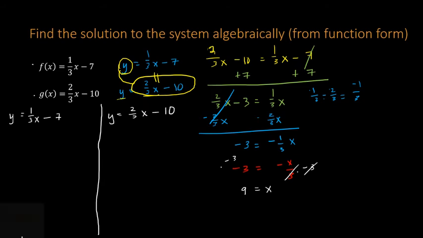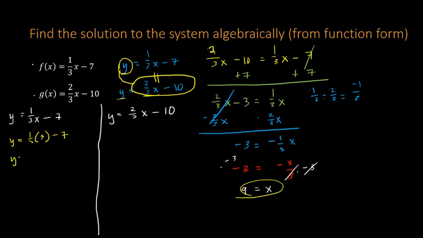Okay, so let's substitute in our value. So x is equal to 9. So I've got y equals 1/3 of 9 minus 7. Y equals, okay, so 1/3 of 9 is 3. 3 minus 7, we get negative 4.